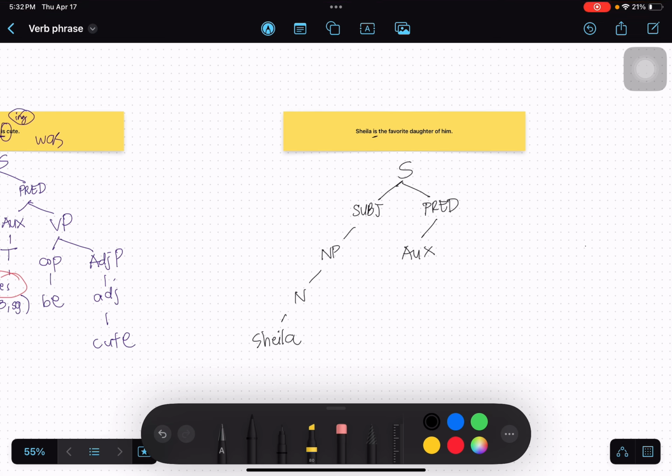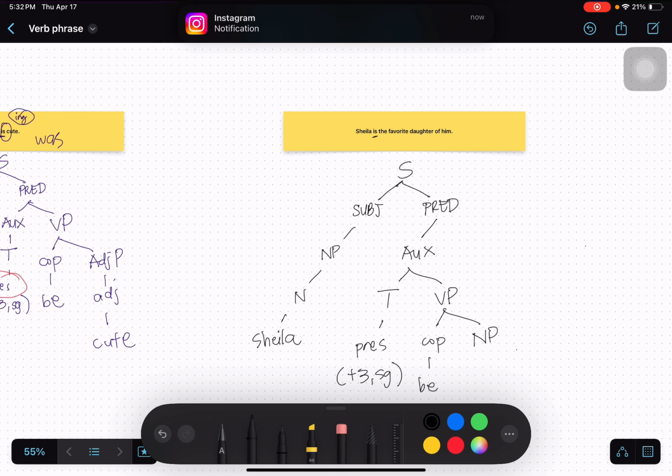Again, it's a tense. So we have to put here present plus 3. Sheila is third person. Then singular. Okay. Then VP. Under the VP, we have the copula. Again, V. Then the favorite daughter. So that's where we put the NP.